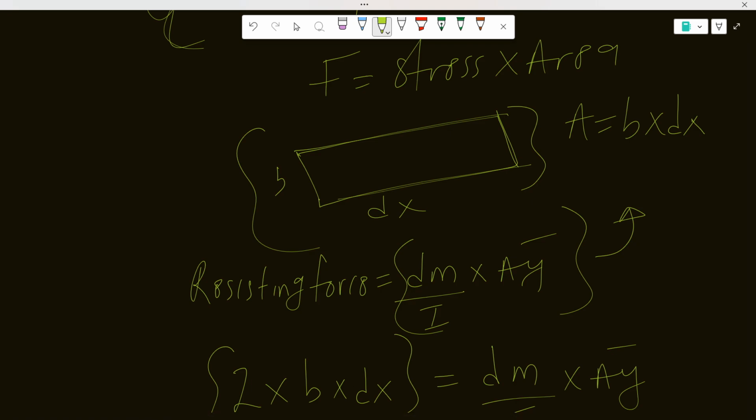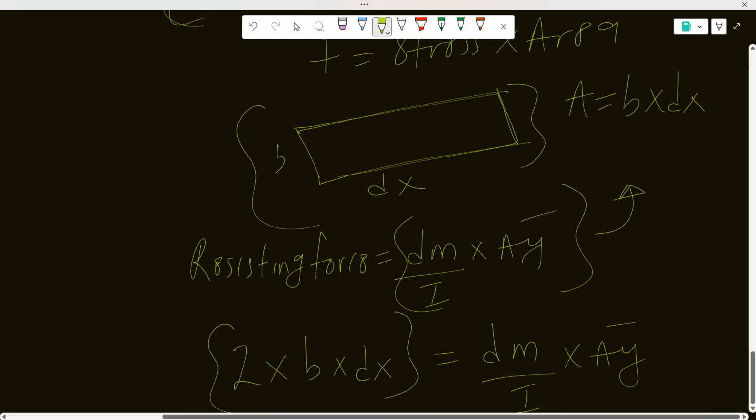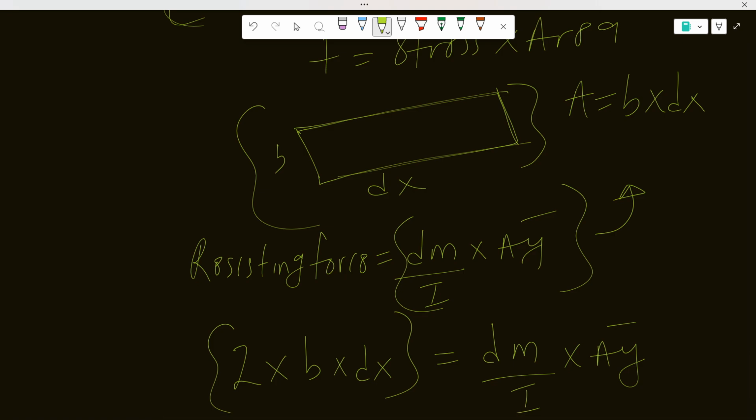Since I know this magnitude that wants to slide my layers apart, once I equate something opposing this force in the opposite direction but with the same magnitude, it will cancel out, and I won't have any sliding effect.